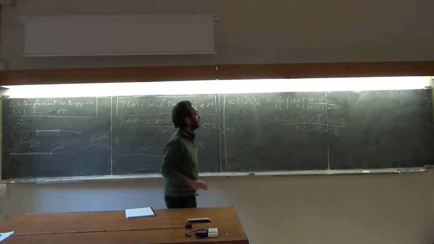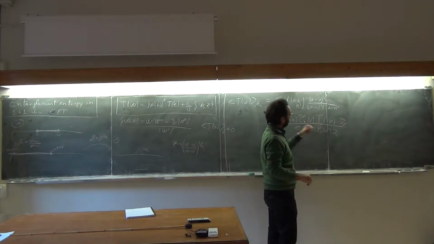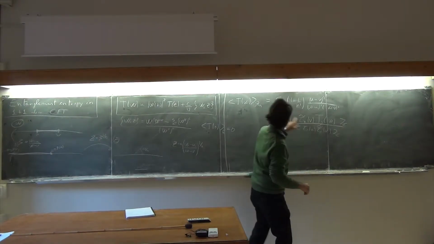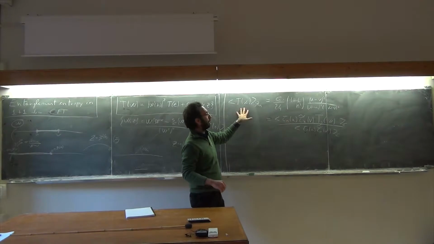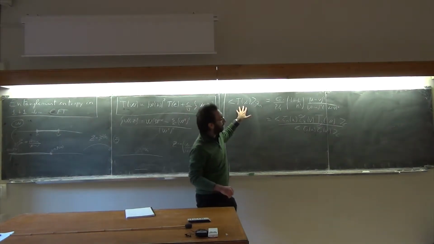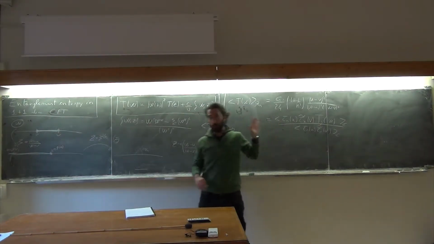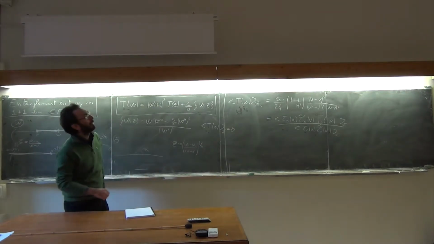You remember that the twist field allows us to change the expectation value on the n-sheeted Riemann surface into an expectation value on the complex plane by proper insertion of that.